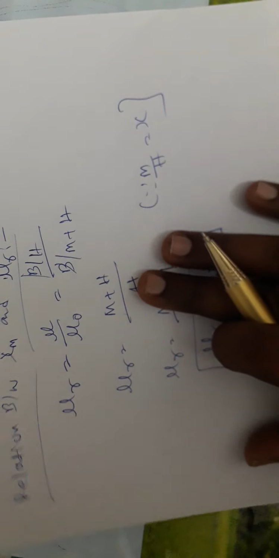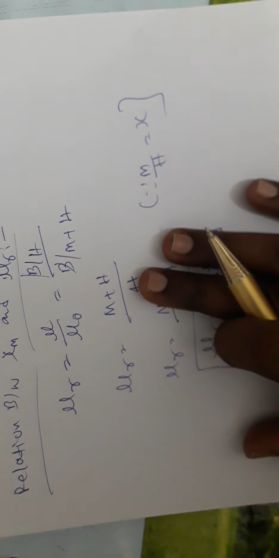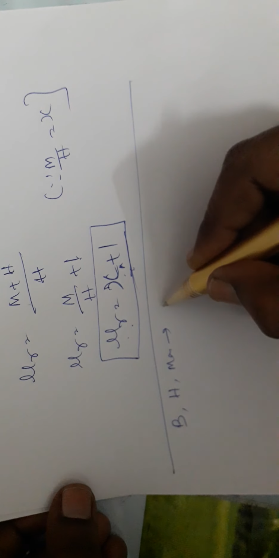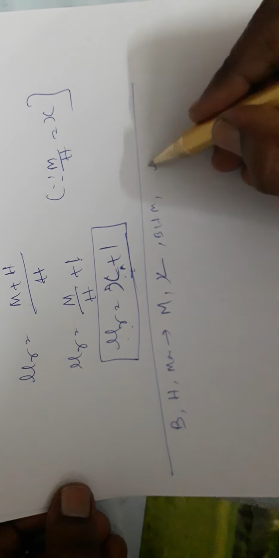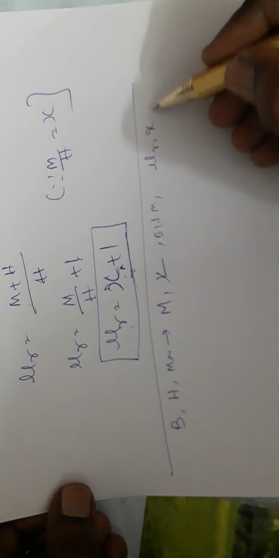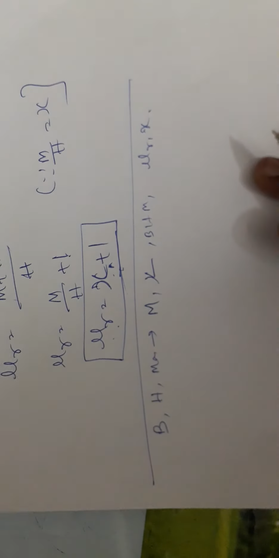So we discussed what is the magnetic flux density, B, and what is the magnetic field intensity, what is magnetization, the intensity of magnetization, susceptibility, the relation between B, H, M, and also the relation between mu r and xi. So very important.